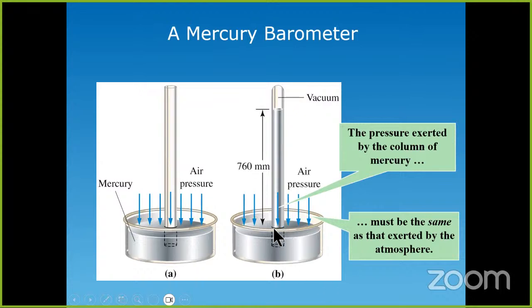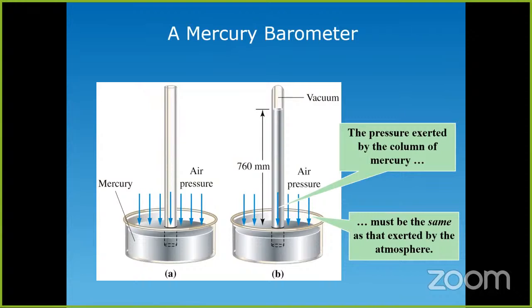So this height of the mercury inside of the tube can be used as a proxy for measuring the atmospheric pressure that is exerted on the surface outside the tube. If the atmospheric pressure increases here, the mercury height increases inside the tube. So you can use that height as a measurement.